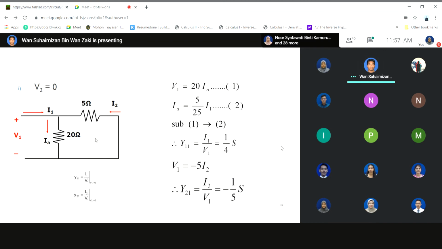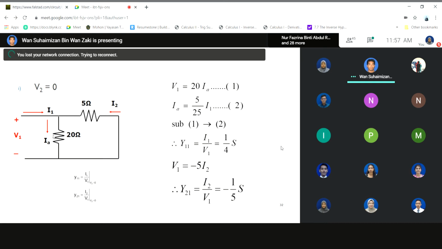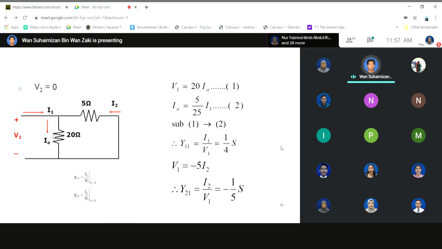Next, determine V1. The current goes in the direction of the 20 ohm resistor. So you need to use the current divider rule to determine IA.